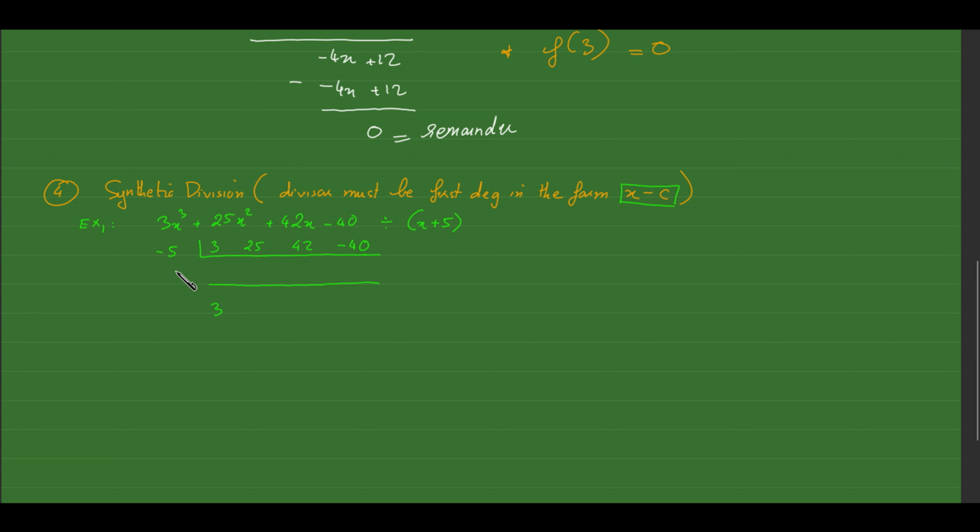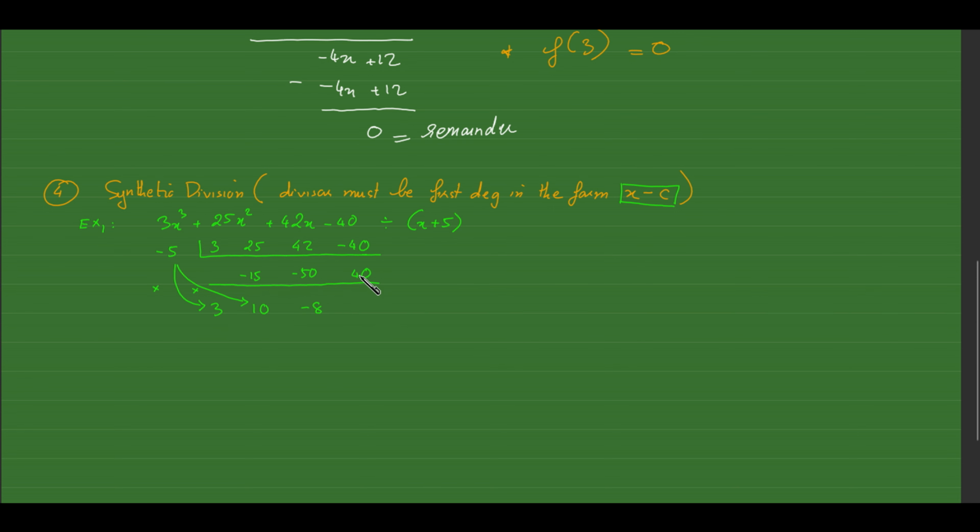Then you take this and multiply by this. Negative 5 times 3 is negative 15. Then you add them up, which gives you 10. Then you take negative 5 again and multiply by 10 to give negative 50, and you add them up, and you keep doing like that.